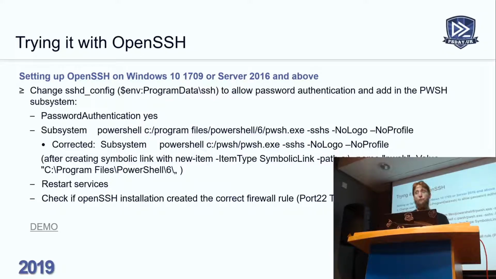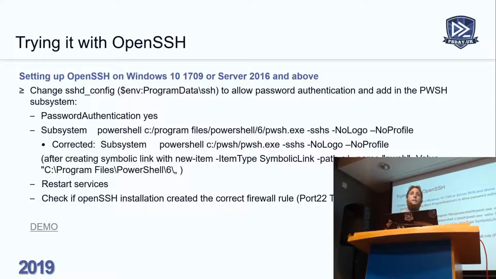So then we have the service, but we need to do some configuration in the sshd config file, because as this is an implementation of the transportable version of OpenSSH, it doesn't hook into the registry or something on Windows.